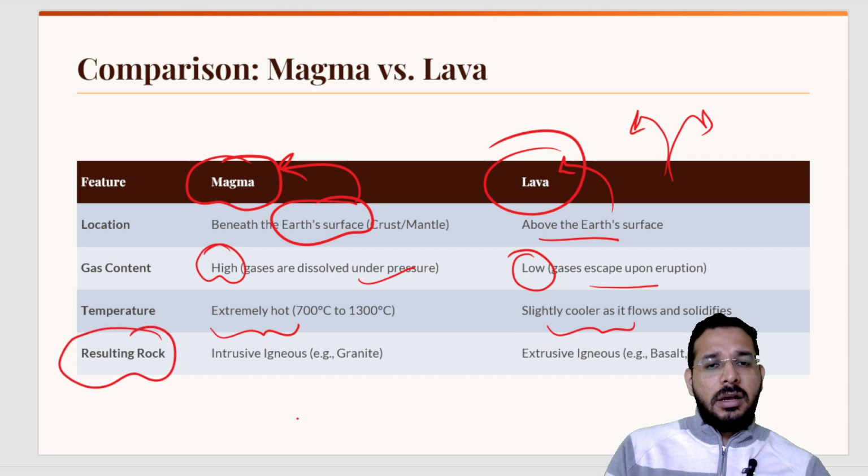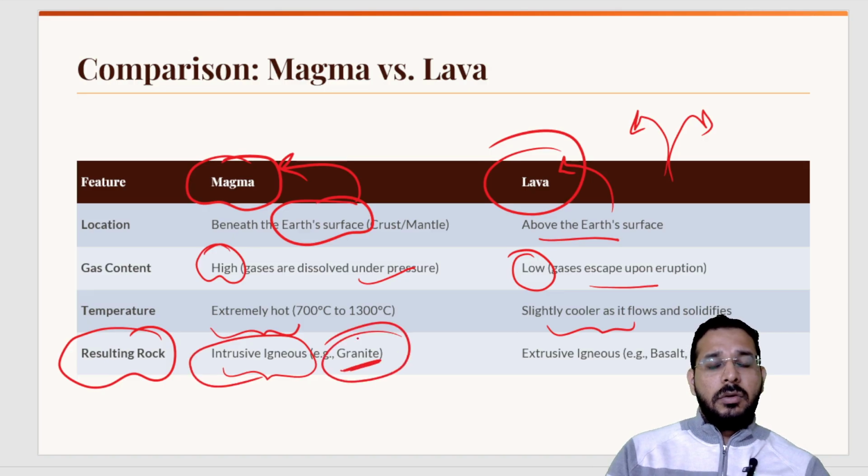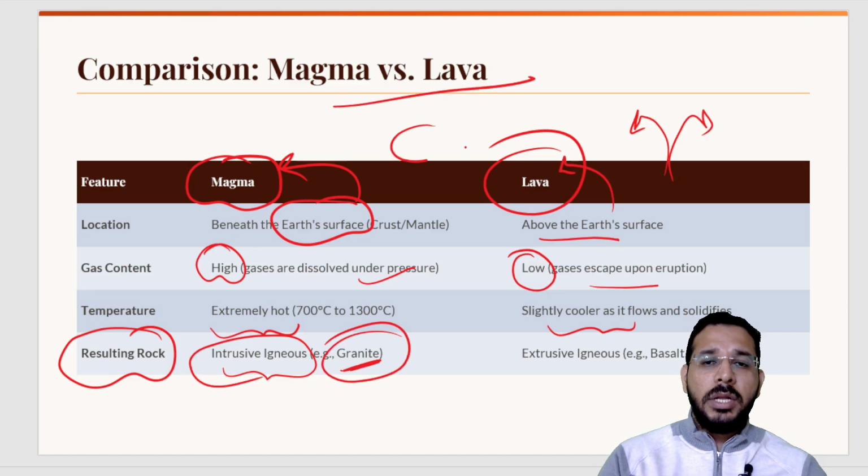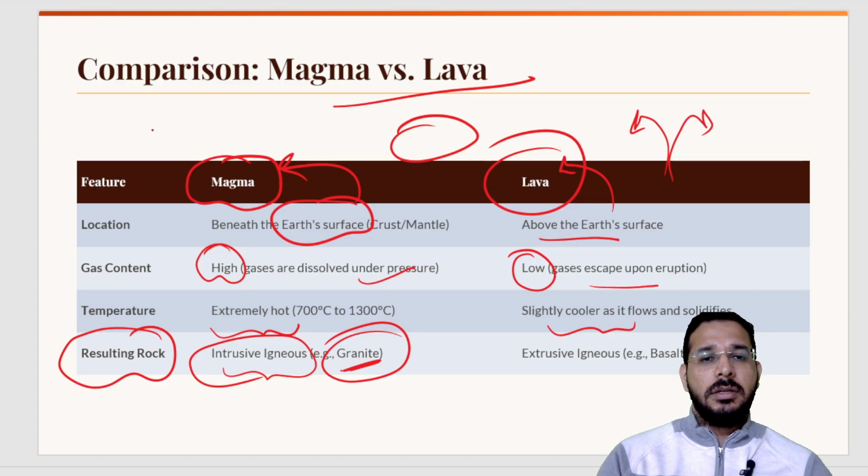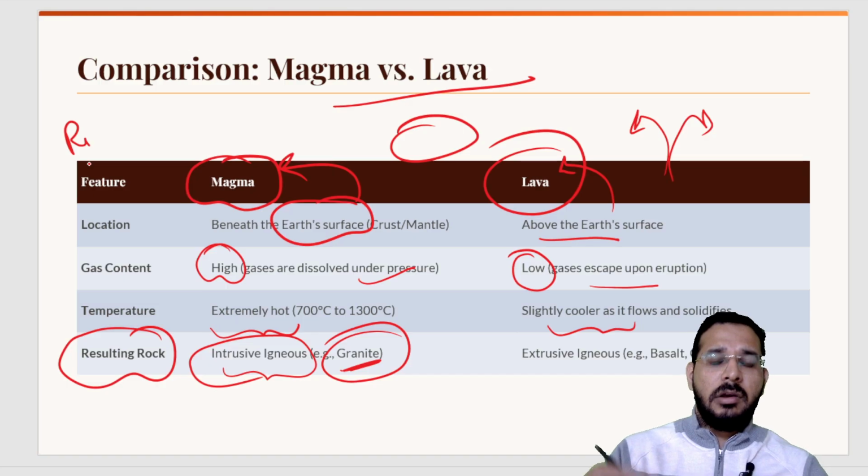When the magma cools down inside the earth, the resulting rocks are intrusive igneous rocks like granite. When rock is directly formed by solidification of magma or lava, it is called igneous rock. When these igneous rocks are forming inside the earth, they are called intrusive igneous rocks.